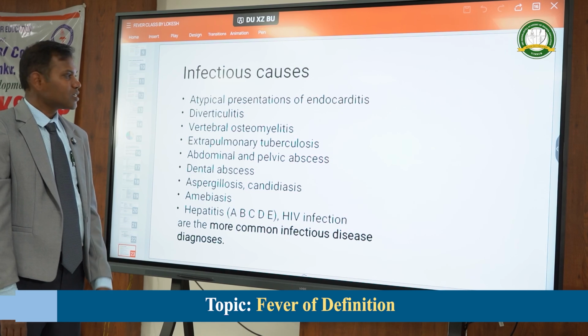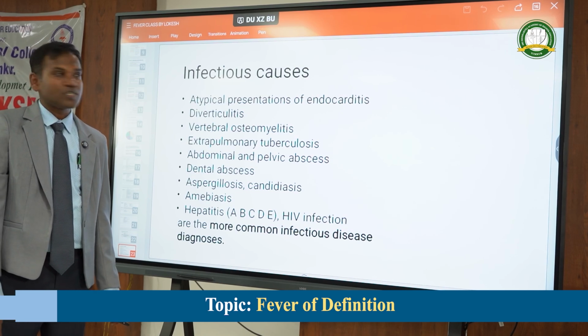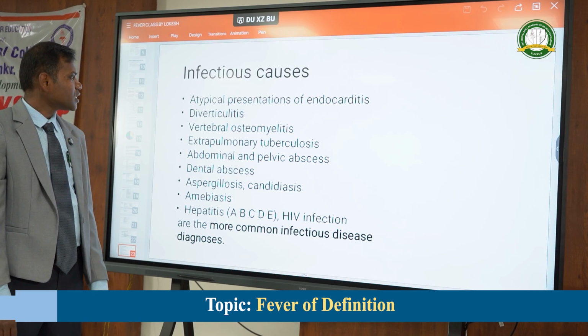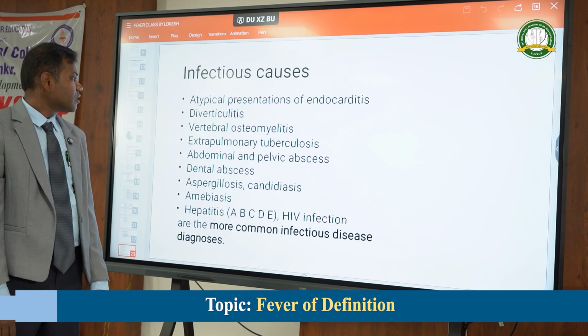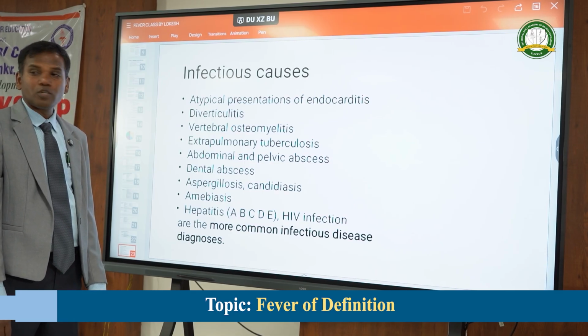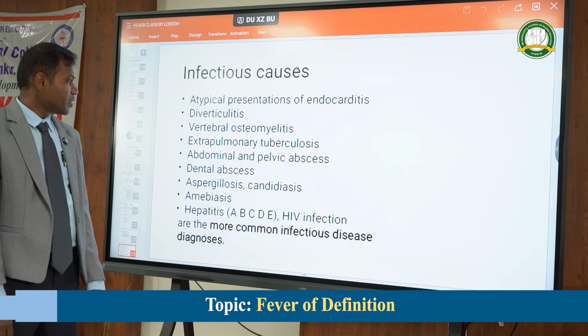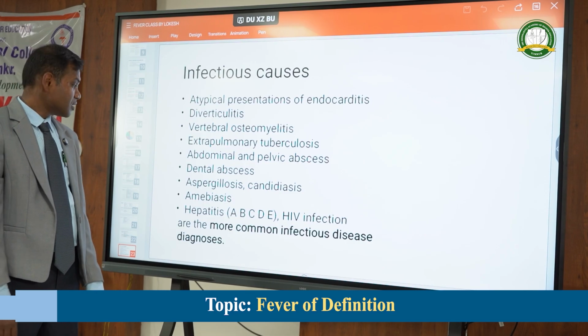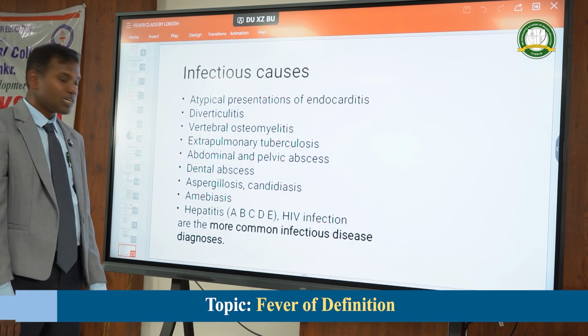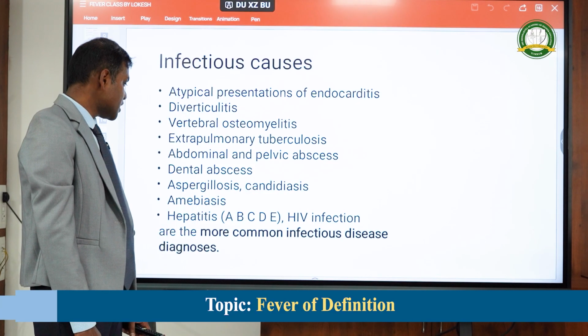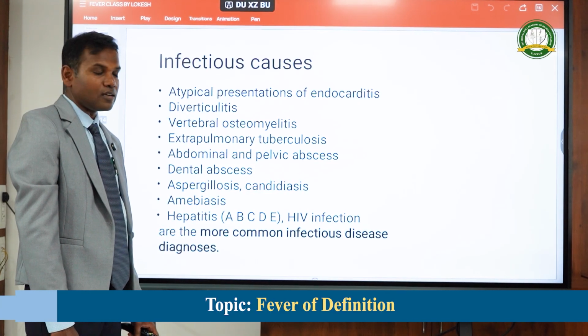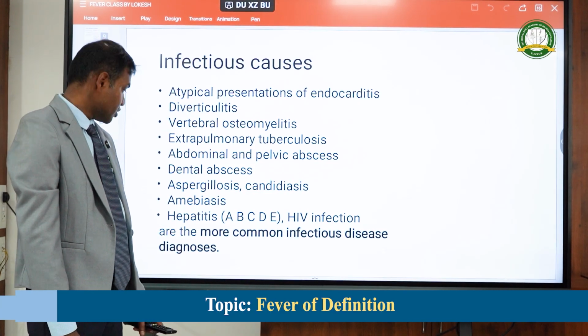So, infectious causes, we have atypical presentations of endocarditis, diverticulitis, and vertebral osteomyelitis, extrapulmonary tuberculosis, abdominal and pelvic abscesses, dental abscesses, aspergillosis, candidiasis, amoebiasis, hepatitis A, B, C, D, and E, and HIV infection.